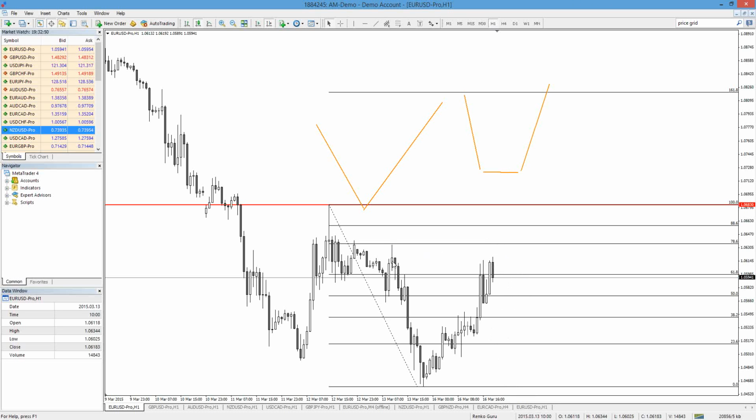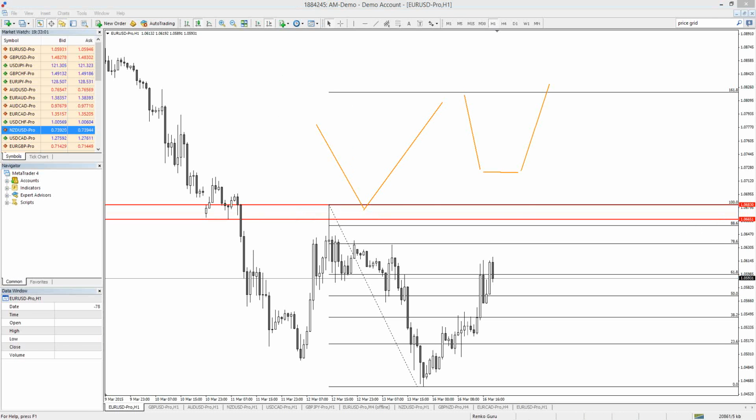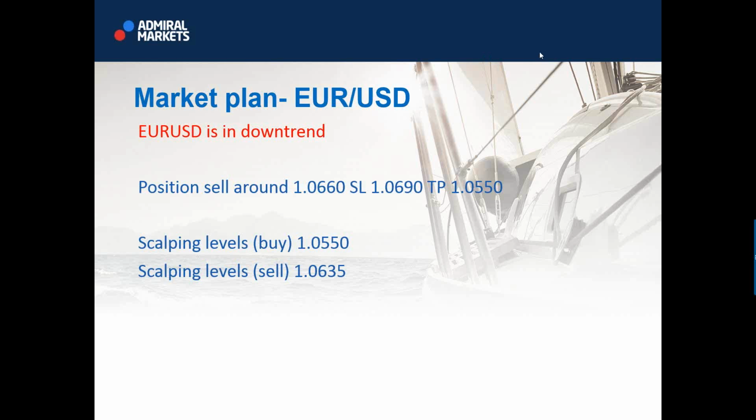If it breaks the high, it will give us some sell opportunities here, guys. Look at the perfect confluence at the setup I was giving you. Look at the perfect confluence, guys. What did I show you, guys? 0.660, 0.690, okay?